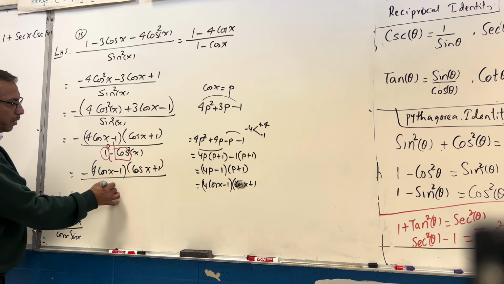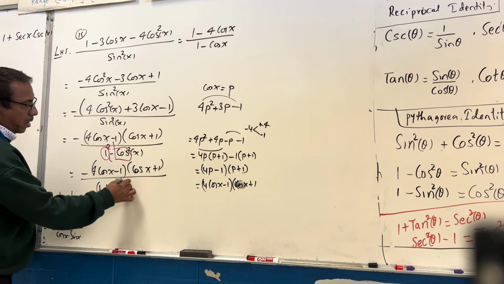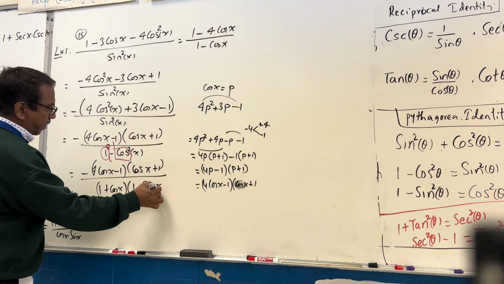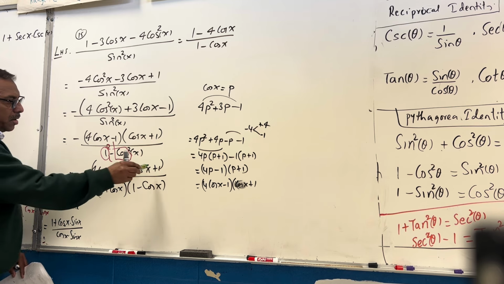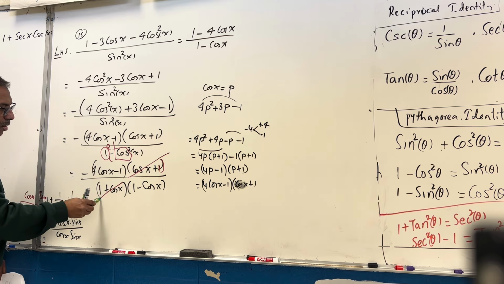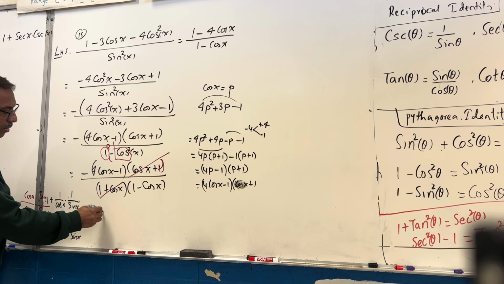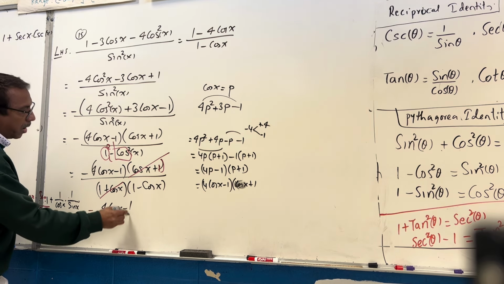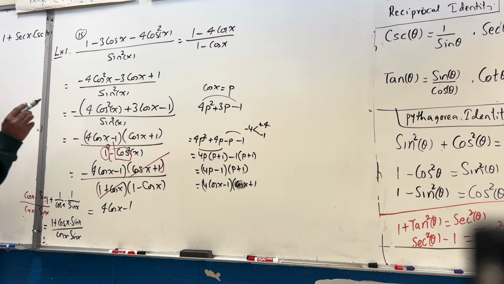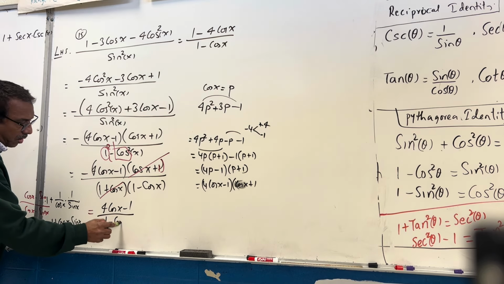So it is 1 plus cosine of x and 1 minus cosine of x. That way, these two are the same. So this crosses out and you get 4 cosine x minus 1 over 1 minus cosine of x.